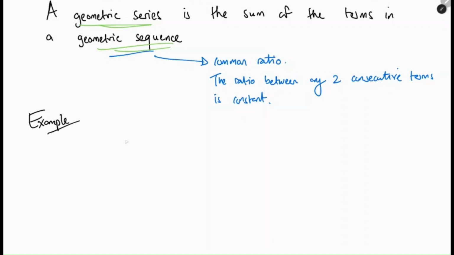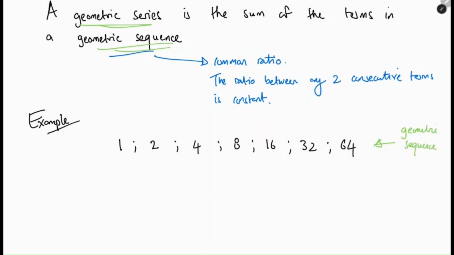Okay, let's look at this example. Here we have a geometric sequence. So not a series, just a sequence. How do we know it's a geometric sequence?